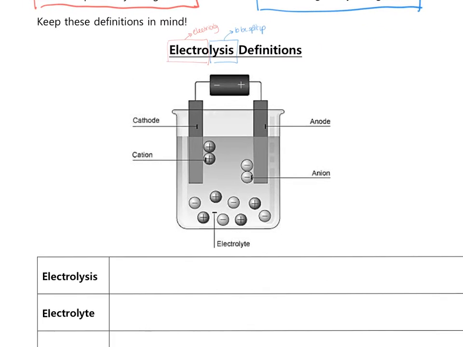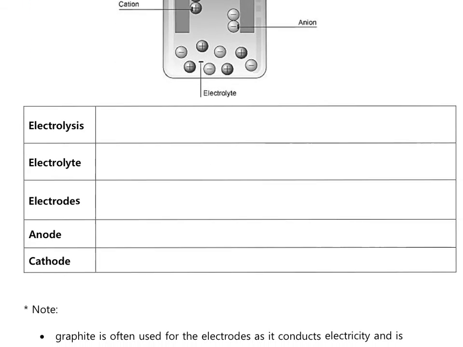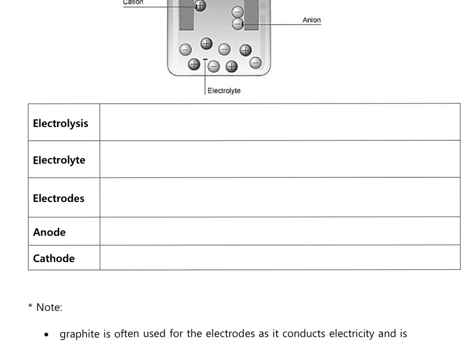Before we move on at all, we want to have a little look at some definitions here. There's 5 of these, and you do need to know these definitions, but actually understanding them is even more important. So what is electrolysis? Well, I've already said that it's splitting up a compound using electricity, but the exact definition that we want is that it's the decomposition of a liquid electrolyte using a direct current of electricity.